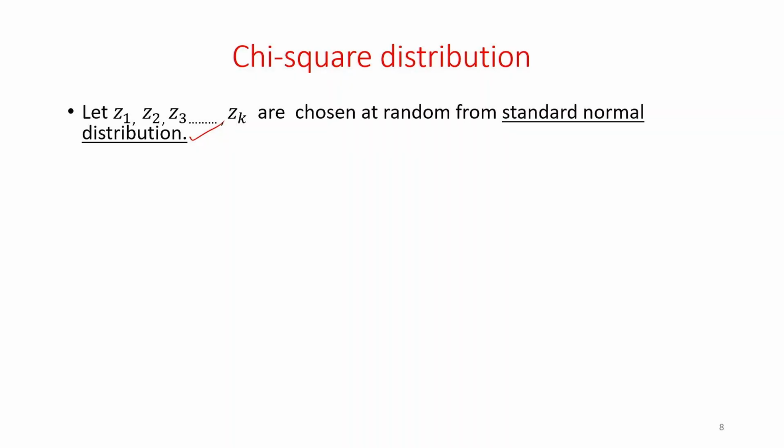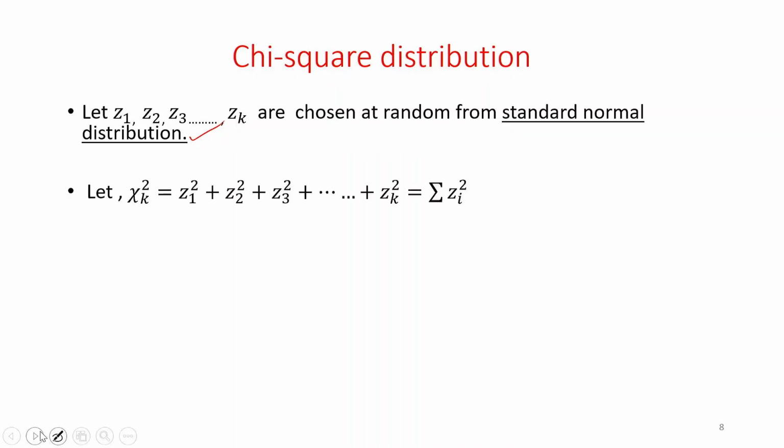And let us say we randomly pick up the values of Z, Z1, Z2, Z3, up to Zk. And then we write a function chi-squared k, which is the sum of Z1 squared, Z2 squared, Z3 squared, up to Zk squared. So this is the summation of squares of the standard normal variable Z.